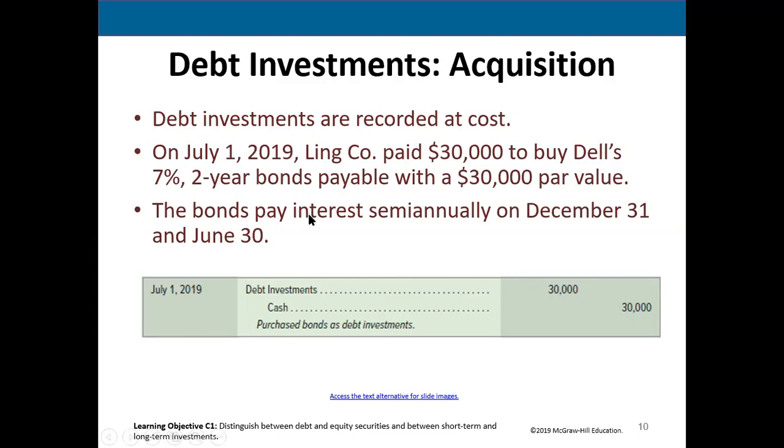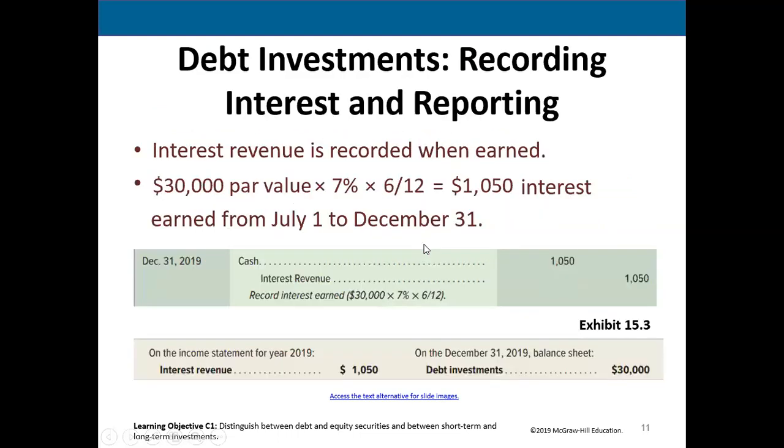Now this bond is going to pay interest to Ling twice a year, once at December 31st and once at June 30th. How much are they going to be paid? 7% on $30,000 every 6 months. So 30,000 times 7% times 6/12.